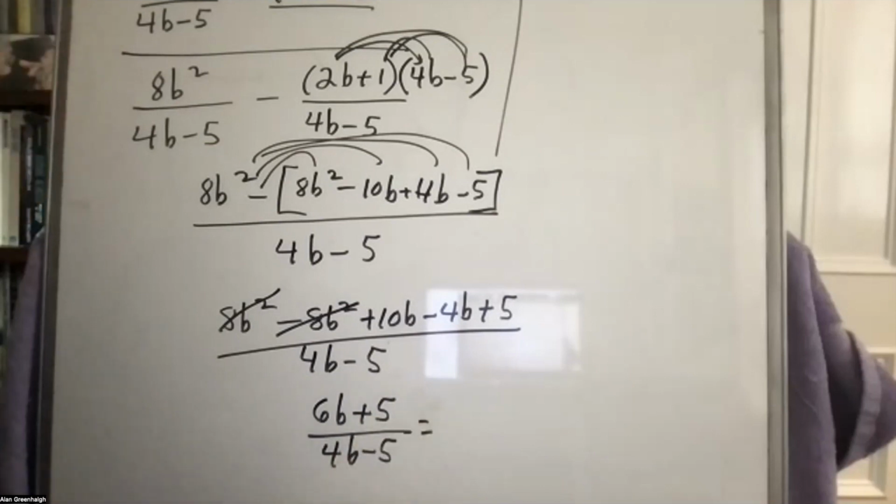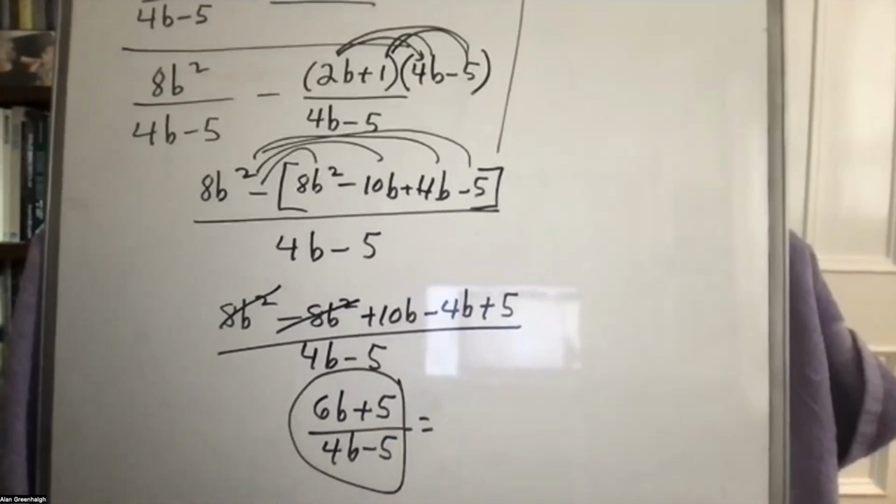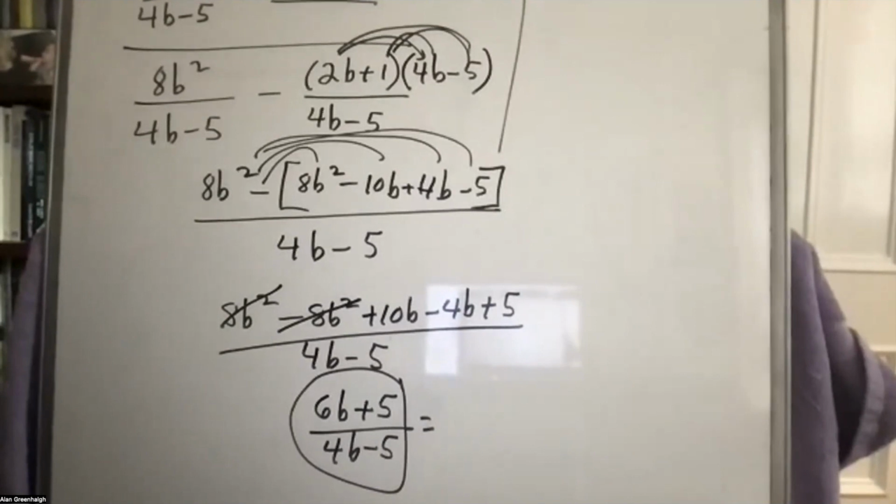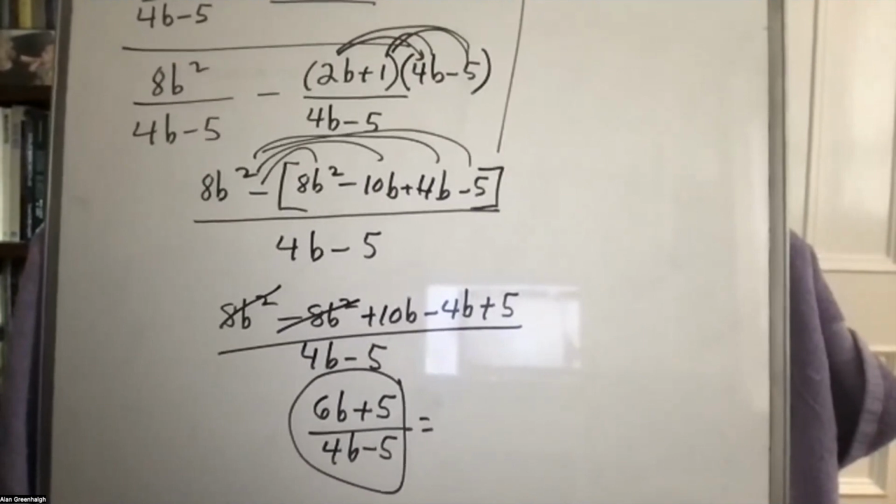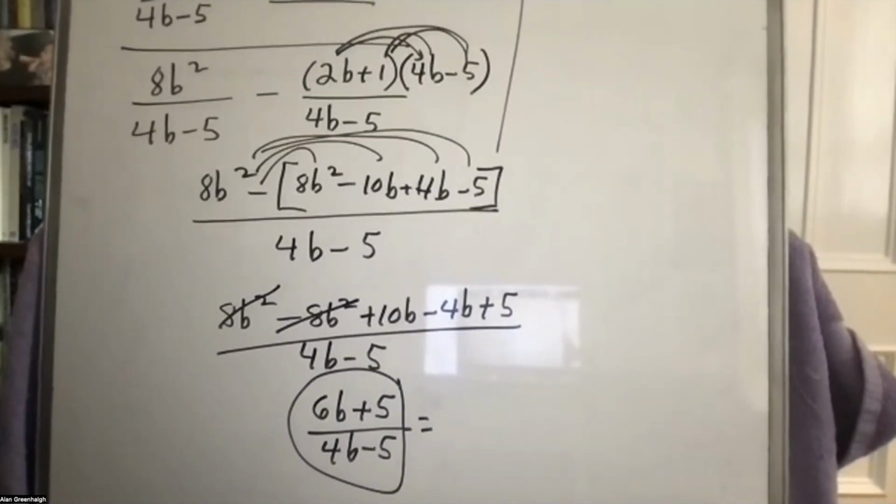That's it. There's nothing you could do. I think the answer is this. Did you get that? No, I got negative 14b plus 5 over 4b minus 5. I stick by my answer.